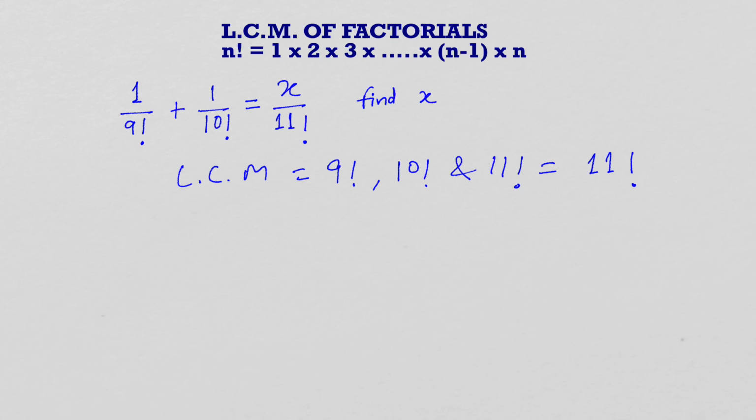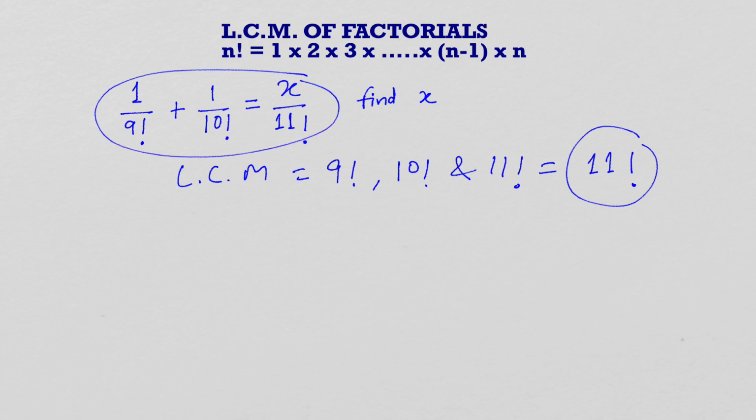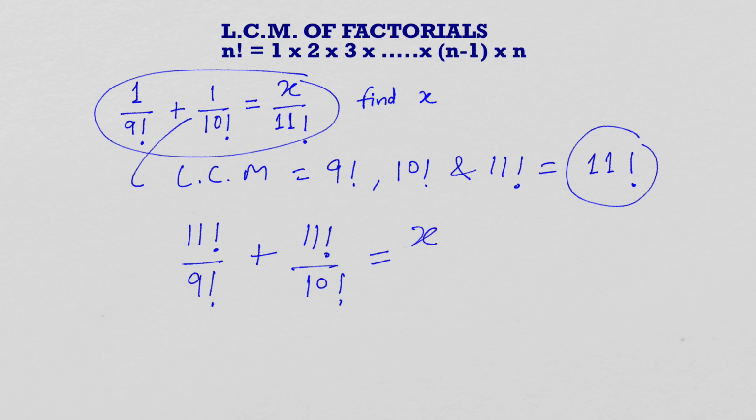Now, if the LCM is given, we multiply throughout by 11 factorial on the left hand side as well as on the right hand side, just to make it simple. So we get 11 factorial by 9 factorial plus 11 factorial by 10 factorial, equal to x multiplied by 11 factorial divided by 11 factorial.